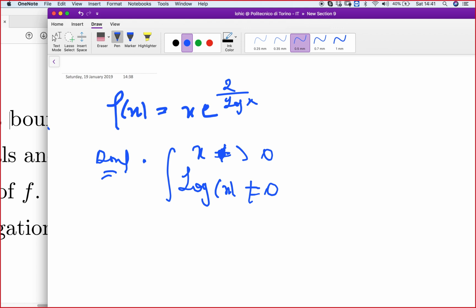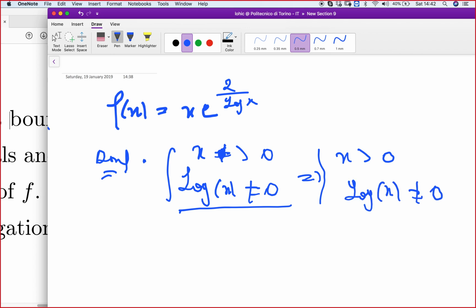Now given these two conditions, the first condition says x should be greater than 0 and there is nothing else to do. We have the logarithm of x that should not be equal to 0. We can apply the exponential to both sides, right?